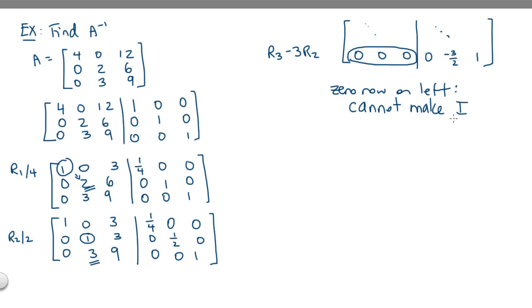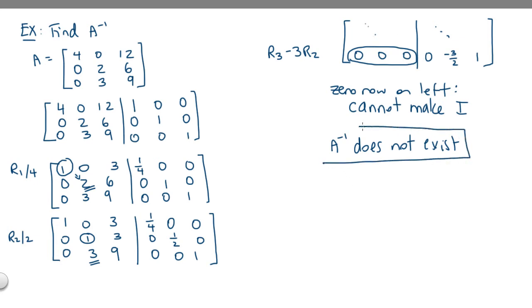We cannot make the matrix I, and what that is telling us is that A inverse does not exist. We saw earlier when we talked about inverse matrices that not every square matrix has an inverse. So the way we're going to recognize that our matrix does not have an inverse is when we run into a 0 row like this. So as soon as we see that, the problem stops and we say A inverse does not exist.